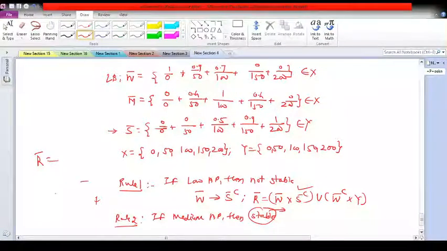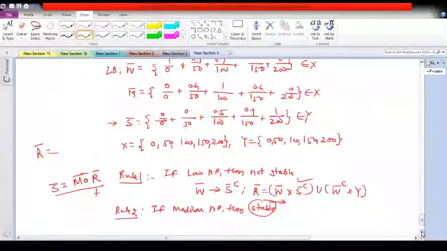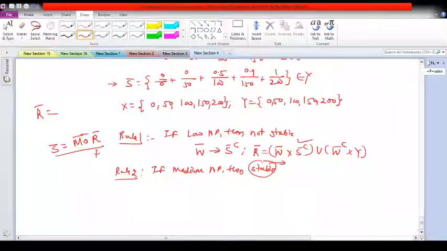So the stabilized condition, S bar, can be obtained using the medium BP, that is M bar composition with your R bar. Okay, so this way generally we can compute the change in the antecedent, meaning what is the corresponding consequence if there is a change in antecedent.